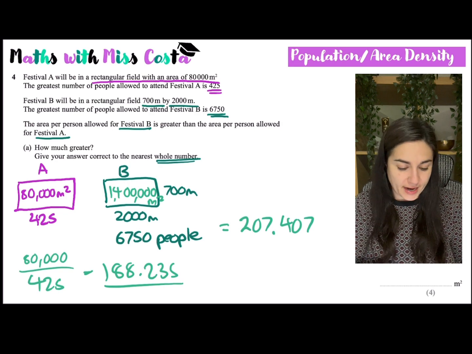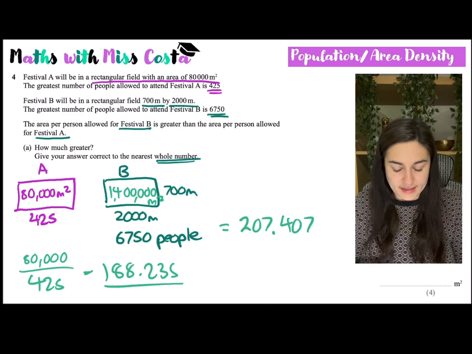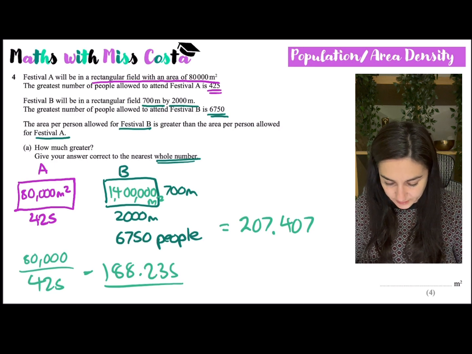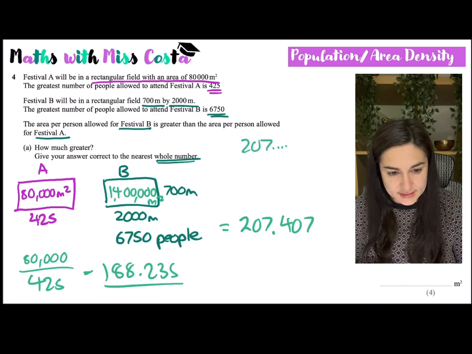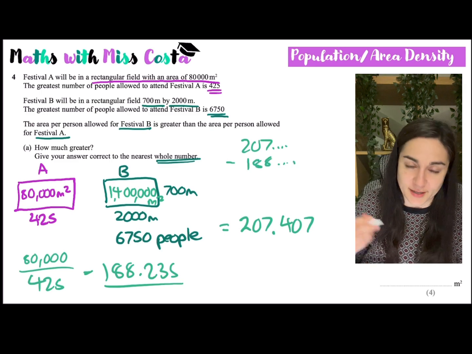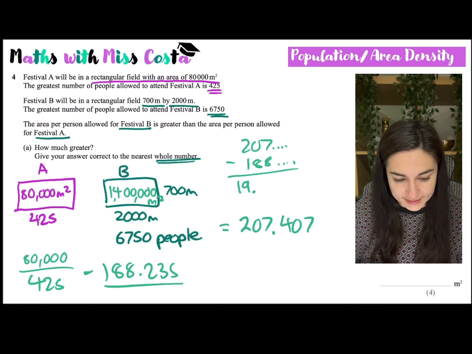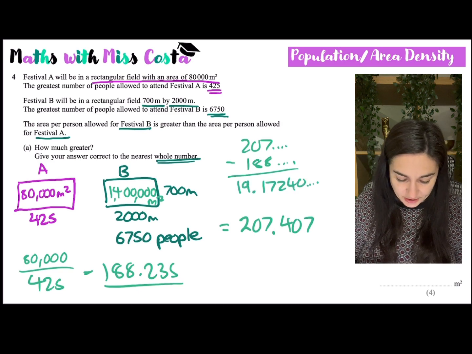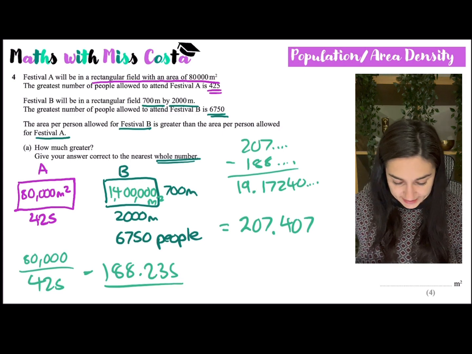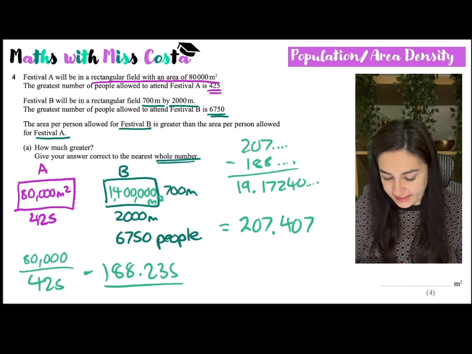So I need to find out how much greater this is. I'm going to subtract: 207 take away 188.235 leaves me with 19.17240. The question says give your answer correct to the nearest whole number, so that would be 19.